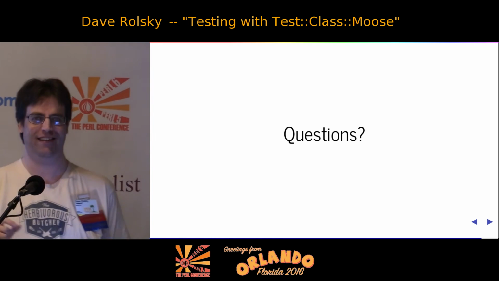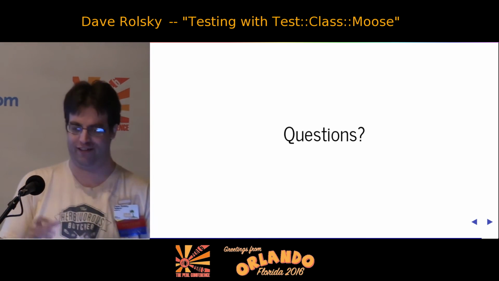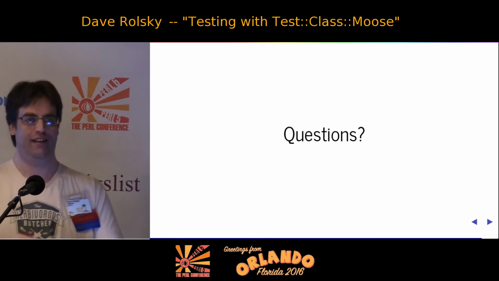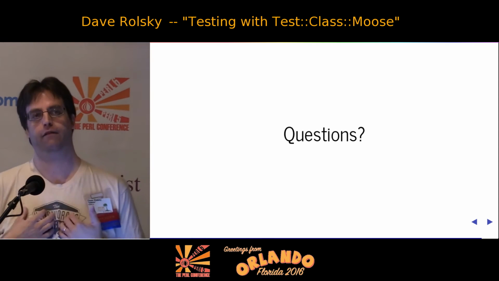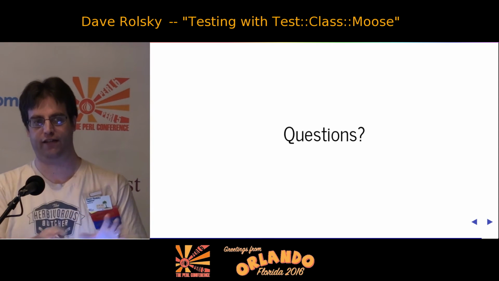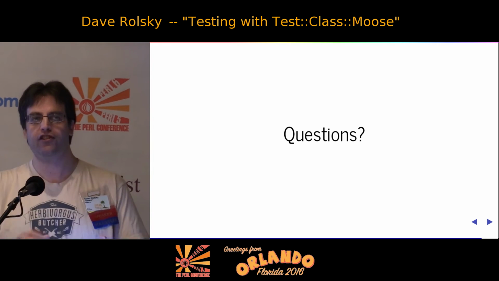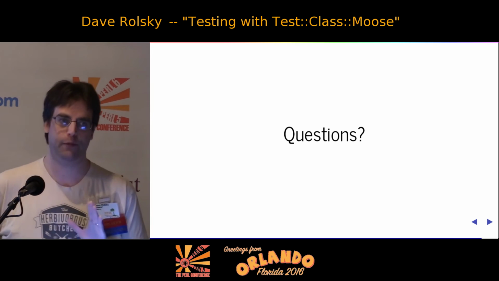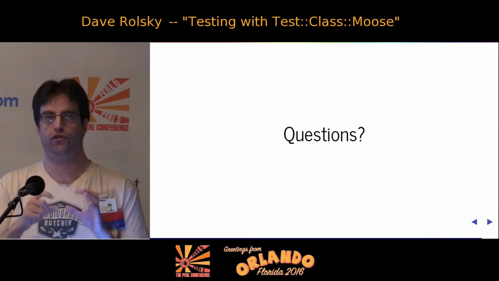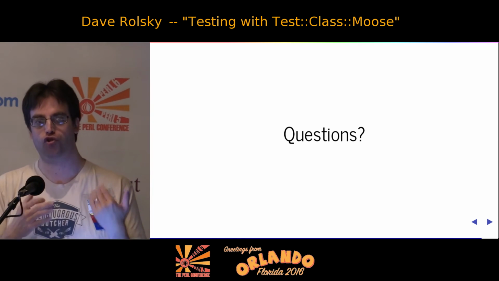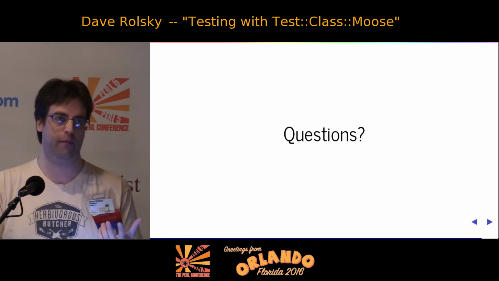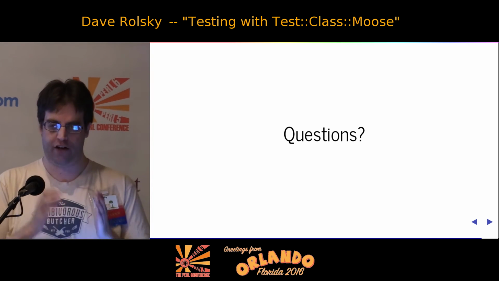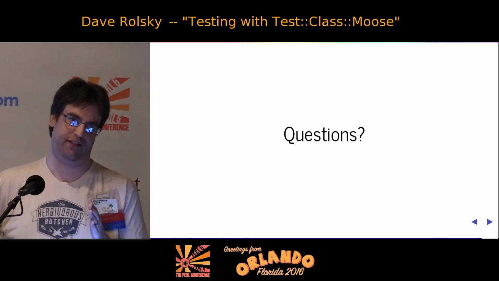I was like, hey, Chad, this isn't working. He's like, oh, right, I need to write this thing for you. So he wrote this thing that works really well. And from my perspective as the author of TestClassMoose, I don't actually care that anything is happening in separate processes or threads. It all comes back to one spot as a stream of events. And in fact, I don't even have to control that spot, the hub in Test2 speak, because I don't need to intercept any of this stuff anymore.